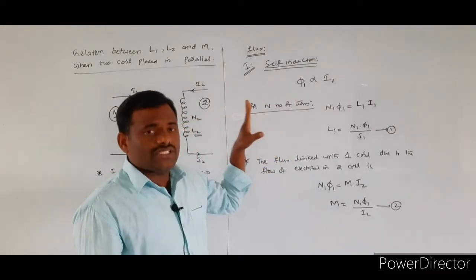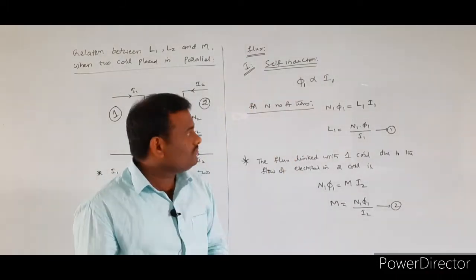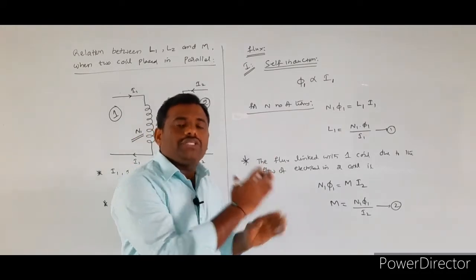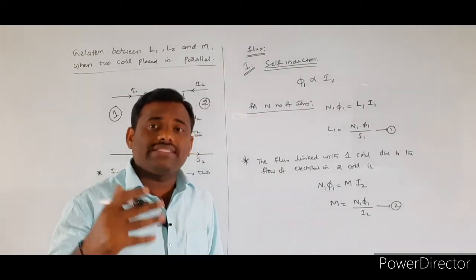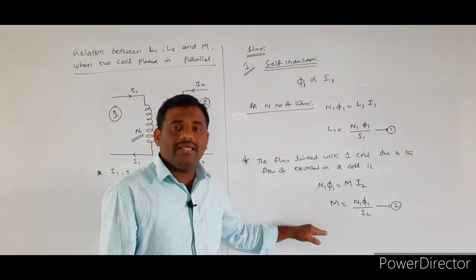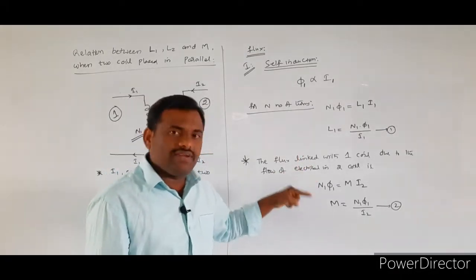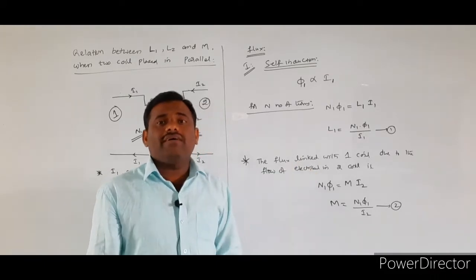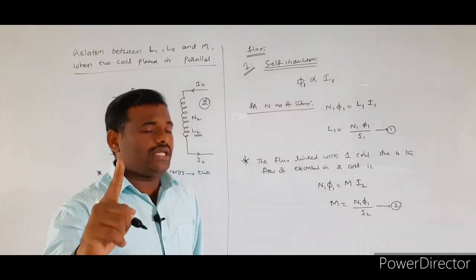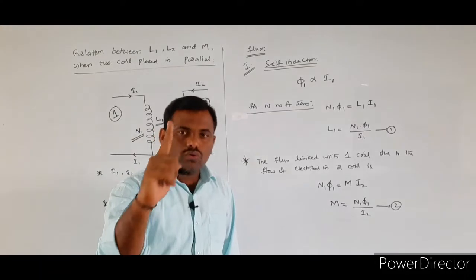So here, for the given first coil, I calculated the amount of flux developed by the phenomena of self-induction. Similarly, I also calculated the additional flux produced by the phenomena of mutual induction. You have to understand that point.